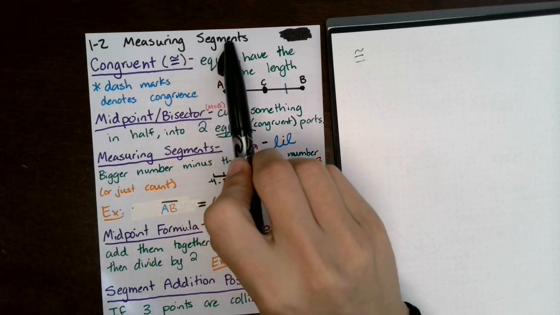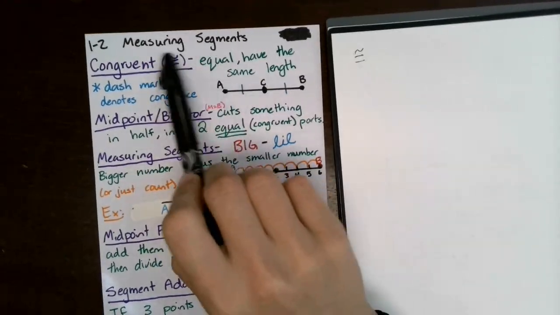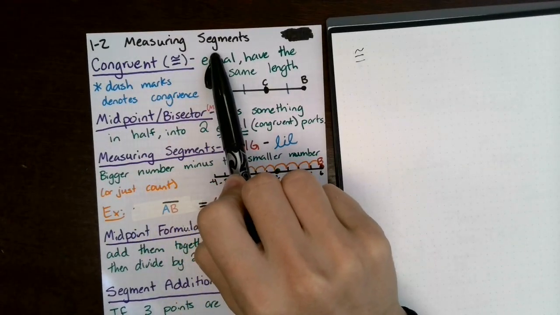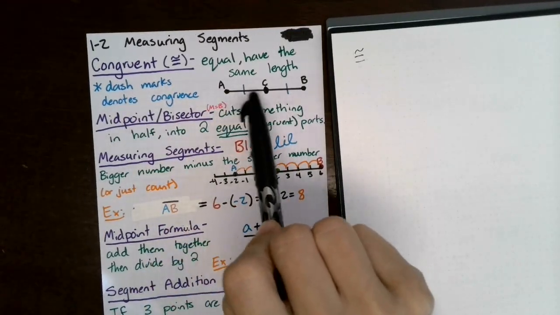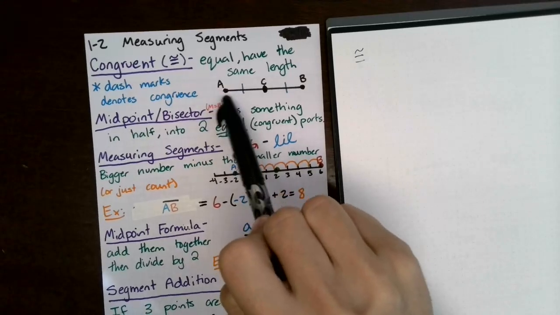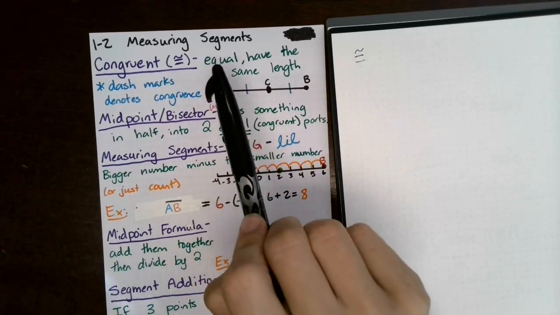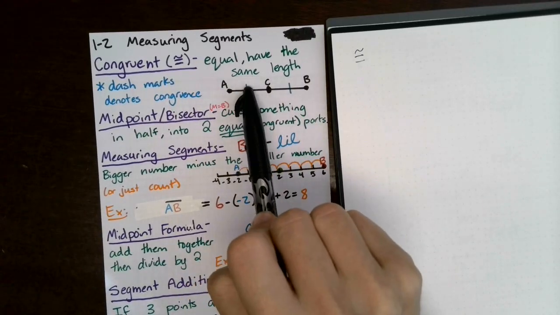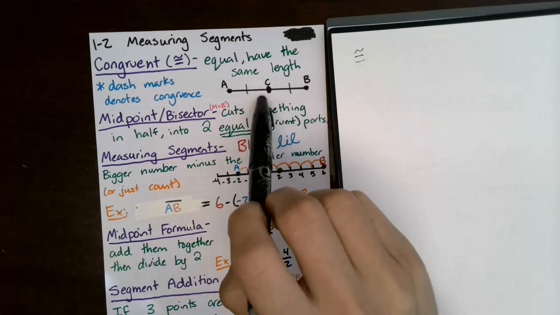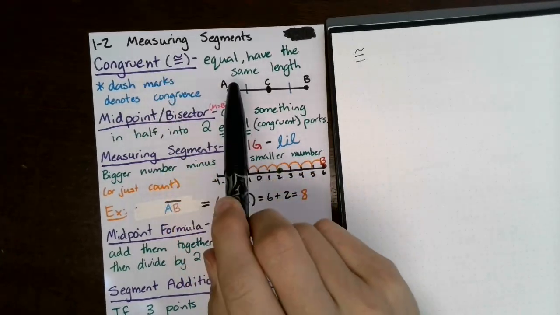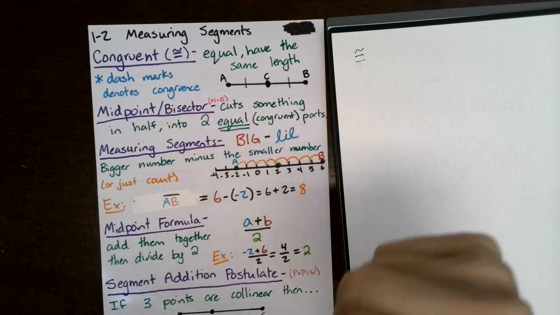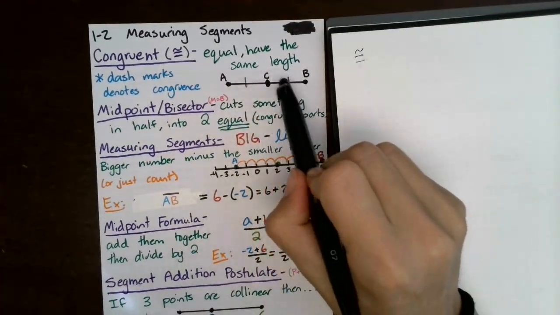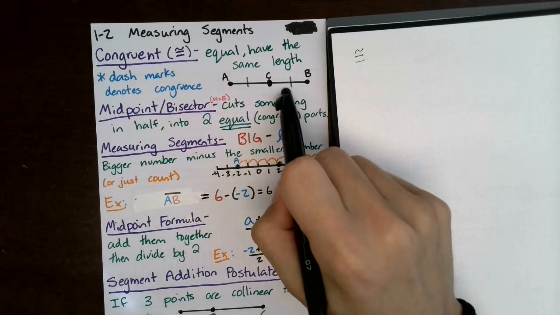On segments, because we're talking about segments in this section, when we're talking about congruent segments, they have these little dash marks. Whenever it gives us a picture, every time we see dash marks, we should automatically think those are congruent, which means that they're equal. Oftentimes there'll be those dash marks to tell you, even if it's not in the problem.